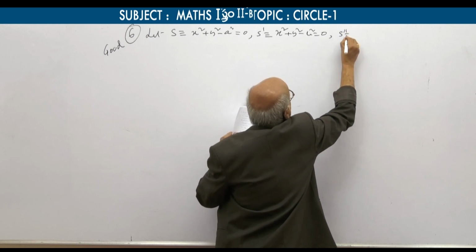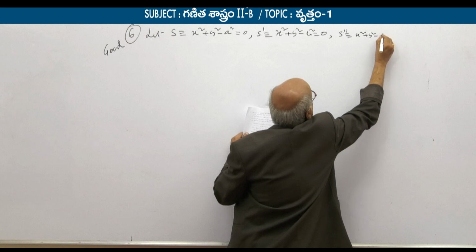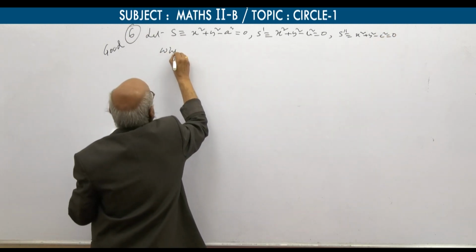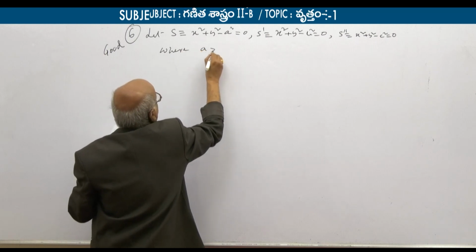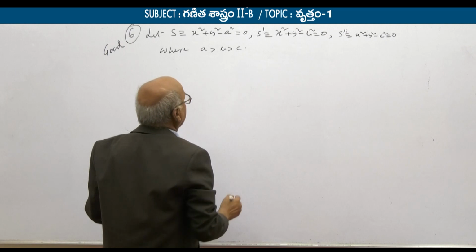Let S be x square plus y square minus a square equal to 0, S dash x square plus y square minus b square equal to 0, and S double dash x square plus y square minus c square equal to 0, where a is greater than b greater than c.